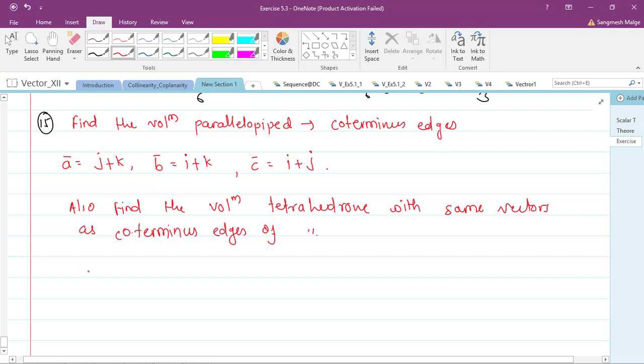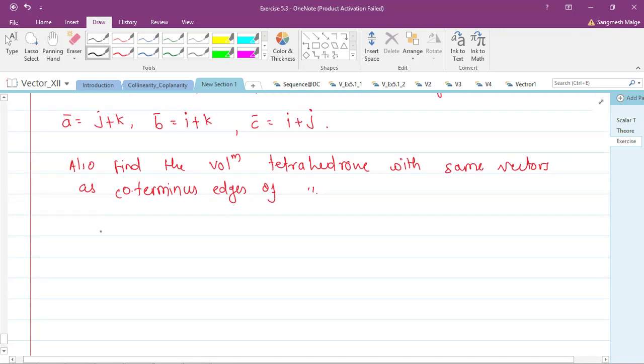These are the same coterminous edges for the parallelepiped as well as for the tetrahedron, so we have to find the volume of both. The question can be anything, the concept will remain the same. A bar is J plus K, B bar is I plus K, and C bar is I plus J.